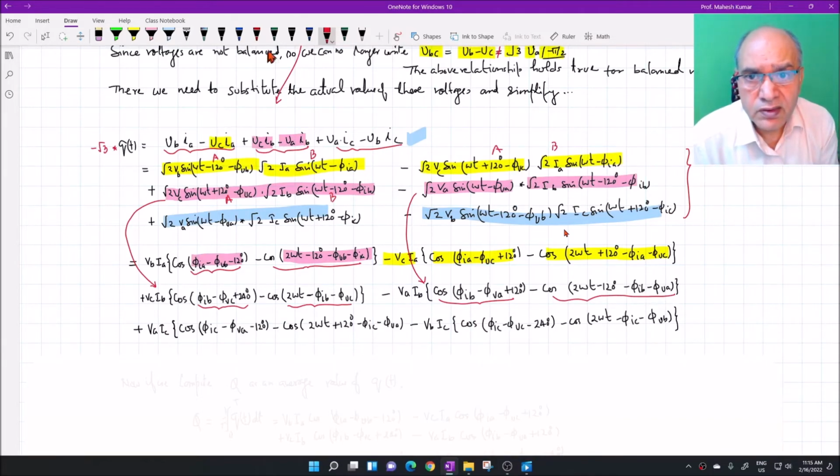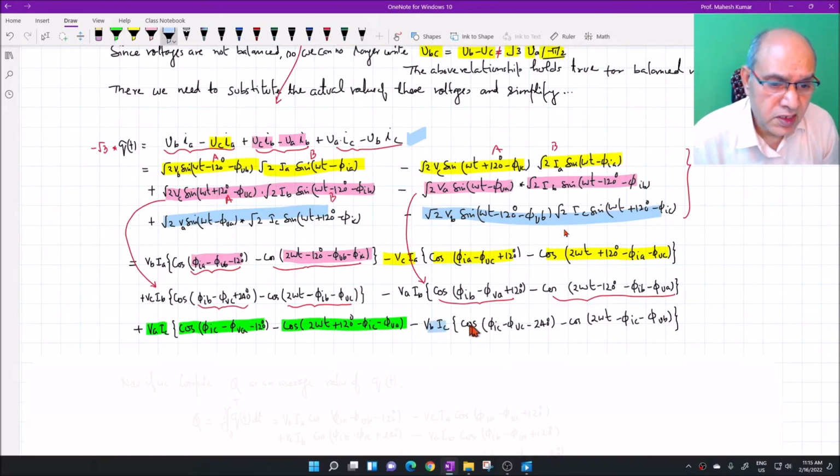And the third one gets expanded in this form here, BAIC into cos(A minus B) minus cos(A plus B), and again this is BBIC cos(A minus B) minus cos(A plus B). So there are now 12 terms.